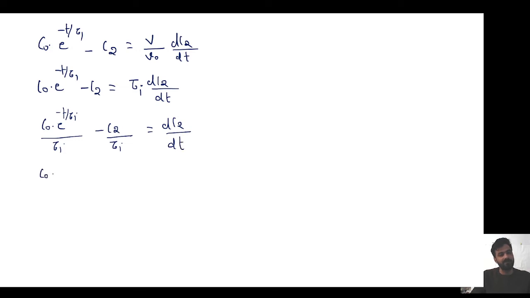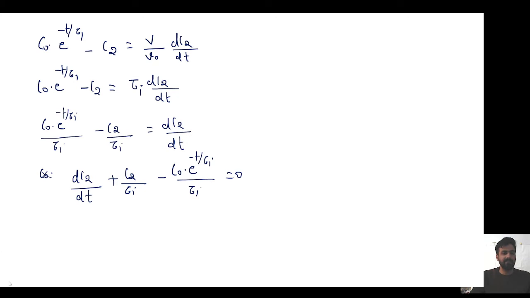So can I write directly dC2 upon dt plus C2 by tau I minus C naught e to the power minus t by tau I upon tau I, that is equals to 0.